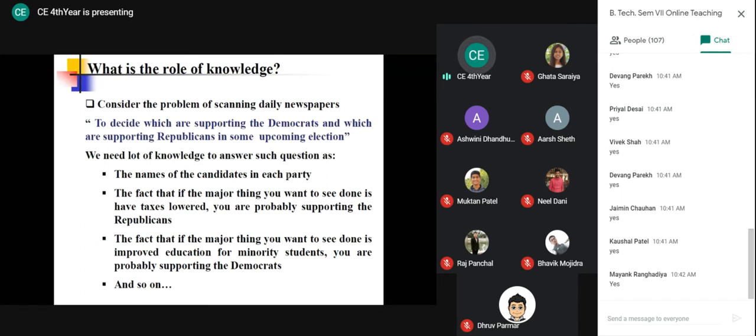The name of the candidate in each party; the fact that if the major thing you want to see done is to have taxes lowered, you are probably supporting the Republicans; the fact that if the major thing you want to see done is to improve education for minority students, then you are probably supporting the Democrats, and so on. So these are two examples where in one little knowledge is required, and in the other a lot of knowledge is required. Depending on your problem, you have to think and write the answer.